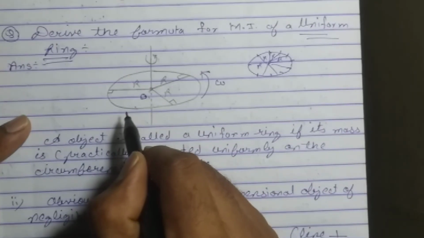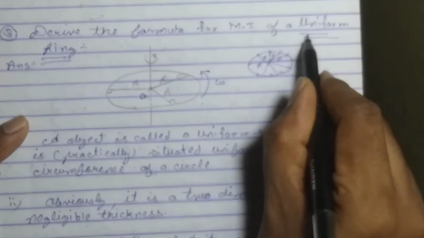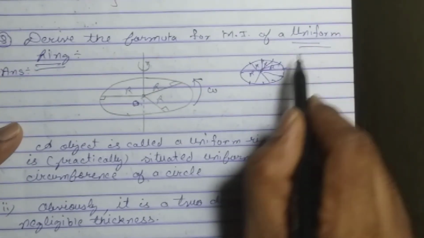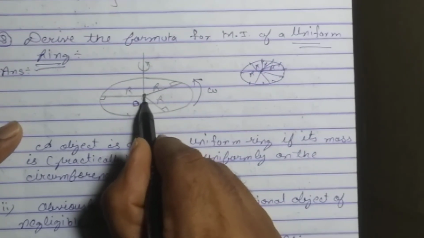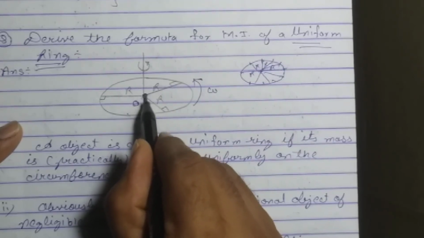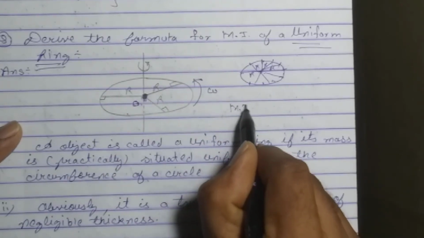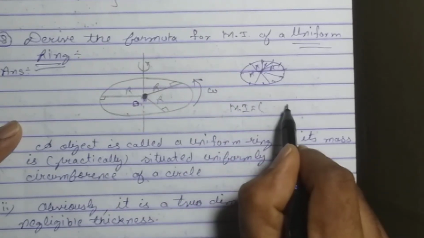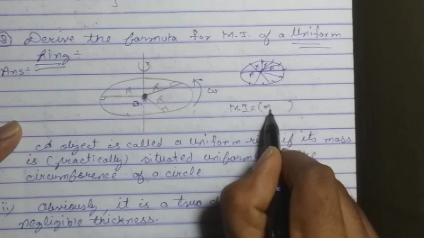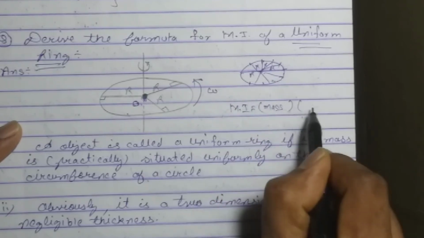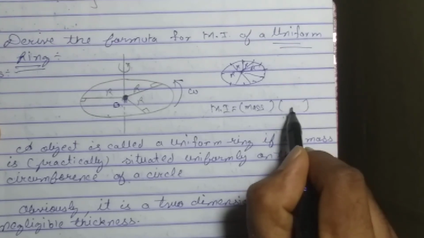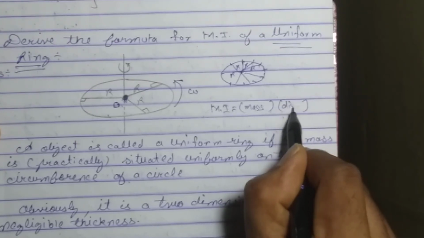And as we observe, in a uniform ring the center of mass is at point O, and the entire mass of the ring is concentrated there. So according to the definition, the moment of inertia is mass into distance square.